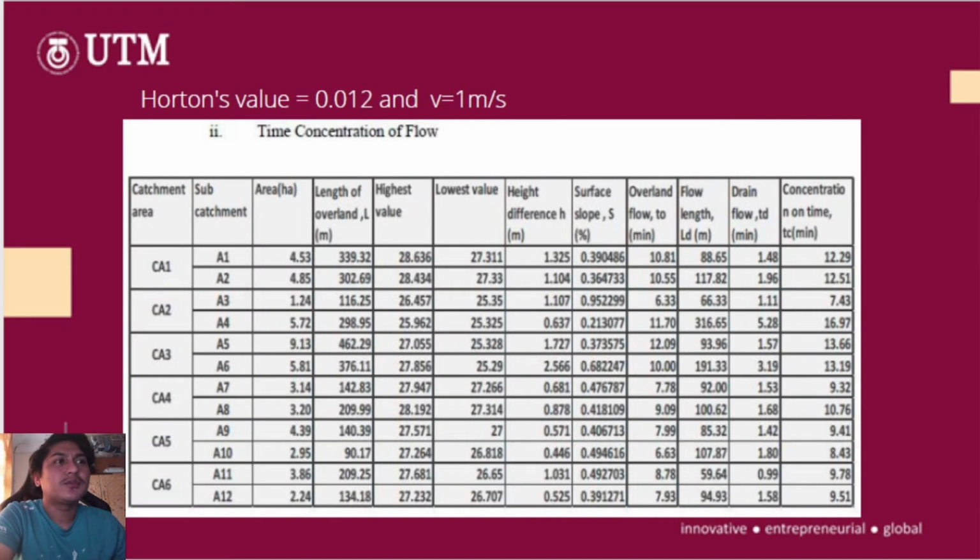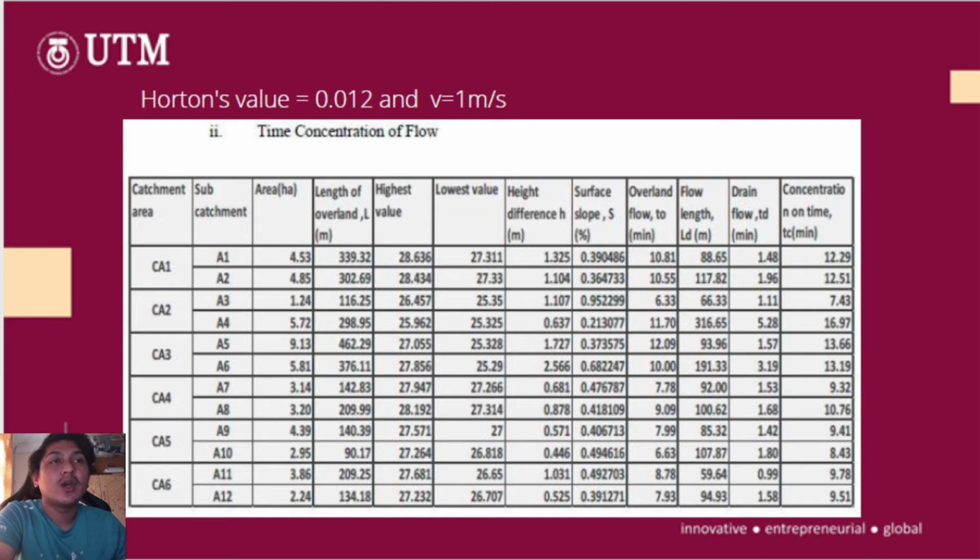In this slide, I will explain how we calculate the time of concentration. I take subcatchment A1 as an example. First, we have to get the area of the subcatchment, and then we have to obtain the length of overland flow.